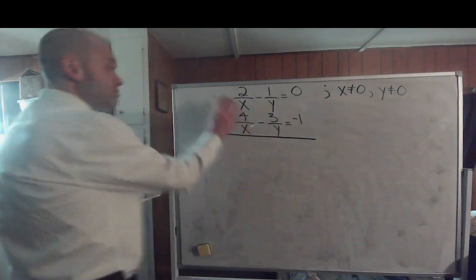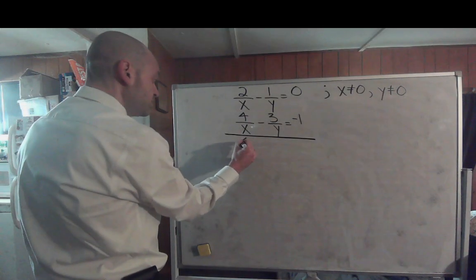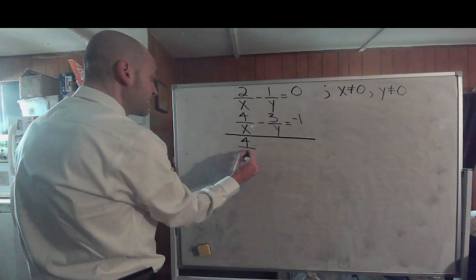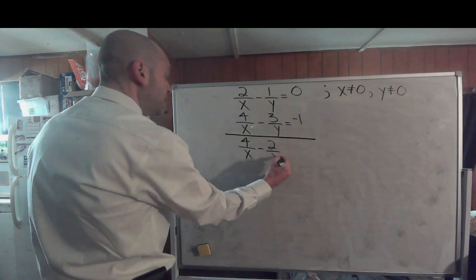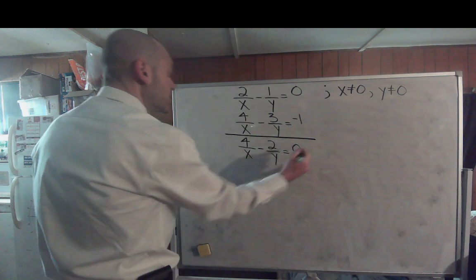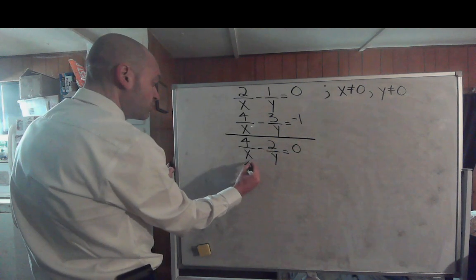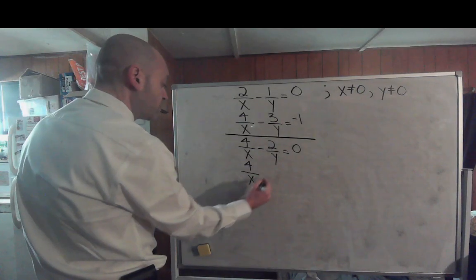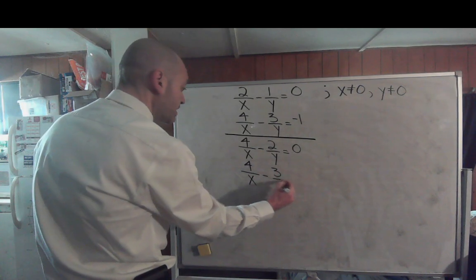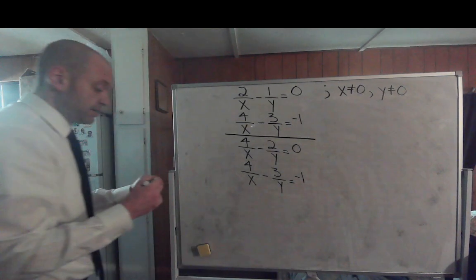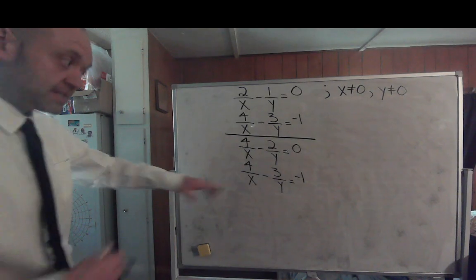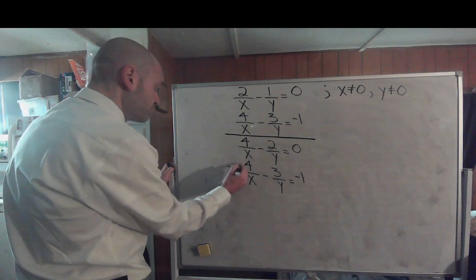So if I multiply the top equation by 2, I get 4 over x minus 2 over y, which still equals 0, but then my bottom equation stays the same, 4 over x minus 3 over y equals negative 1. Now go ahead and subtract your second equation from your first.